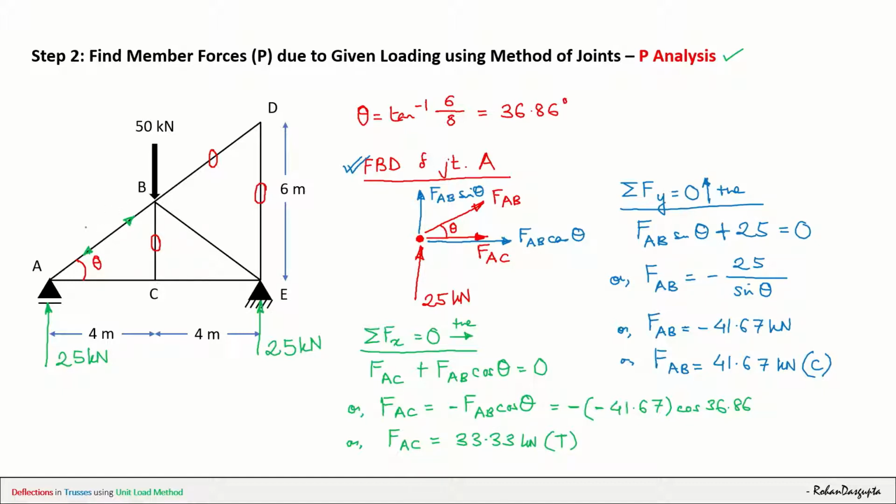The value is 41.67. And here it's in tension. So this is how it will look like, and it is 33.33 kilonewton.